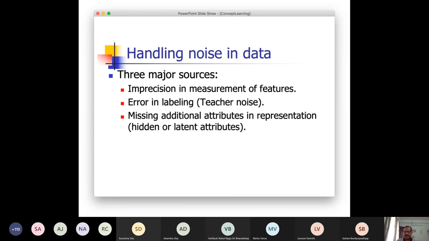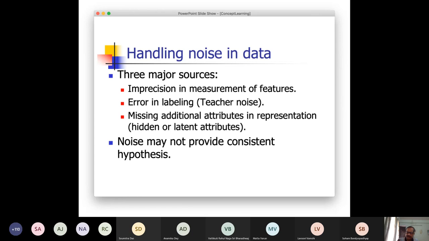There could be other attributes, latent or hidden, which are not captured in your representation. So you cannot consider the training error to be 0 or the training data set to be error free. You may have noise, and that's why you may not get a consistent hypothesis.